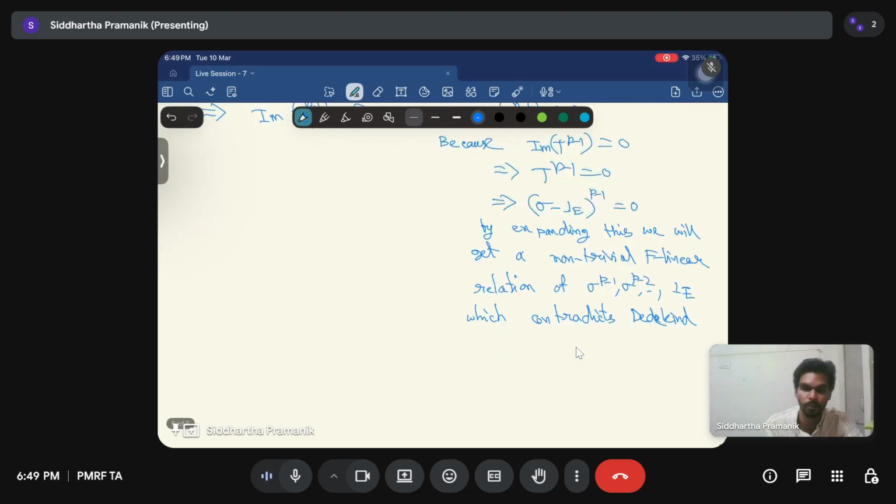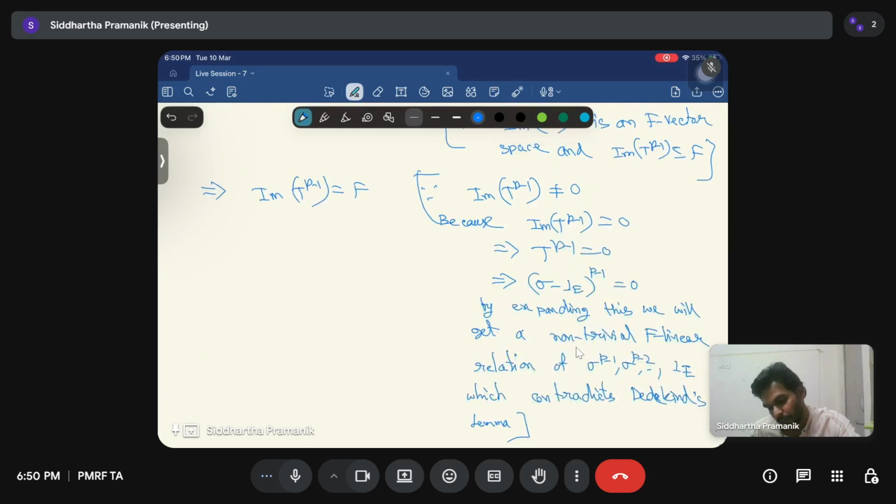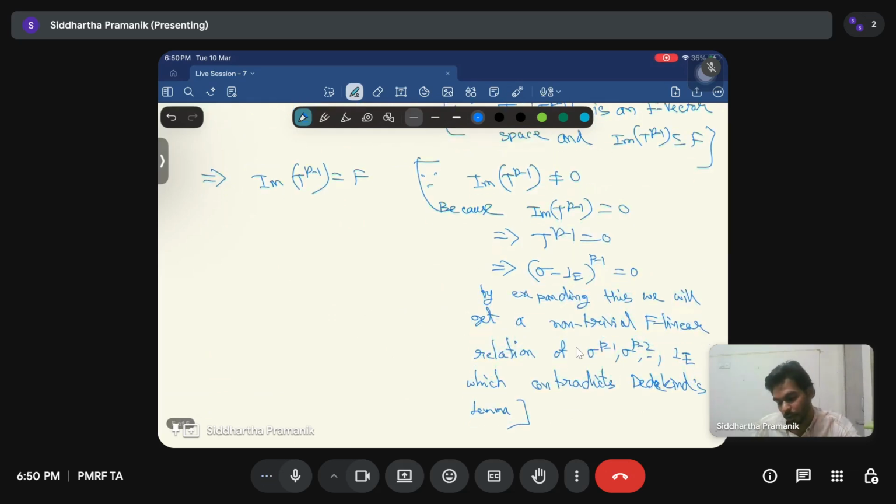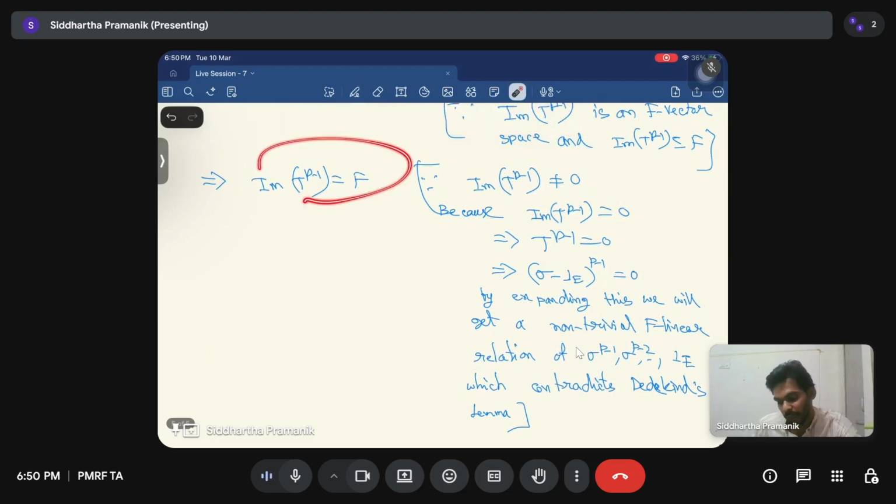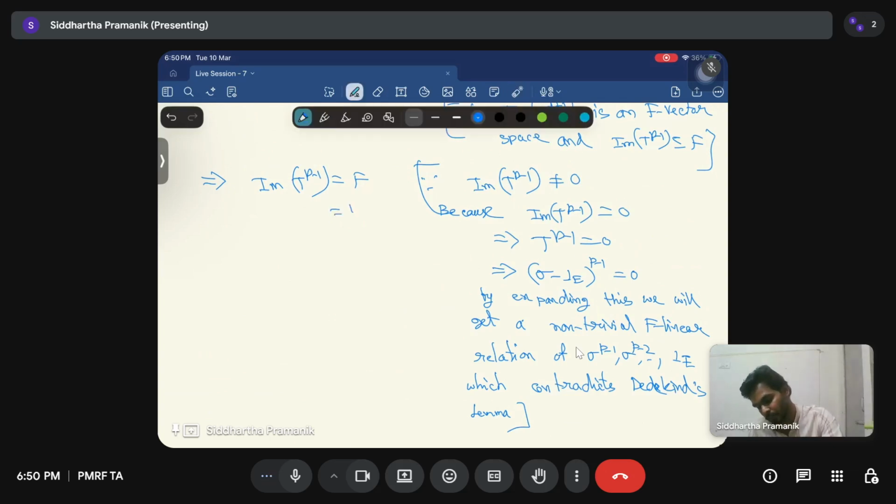So in particular, different field homomorphisms are linearly independent. So the image of T power P minus 1 cannot be 0. So the image of T power P minus 1 has to be F, which is the same as the kernel of T.